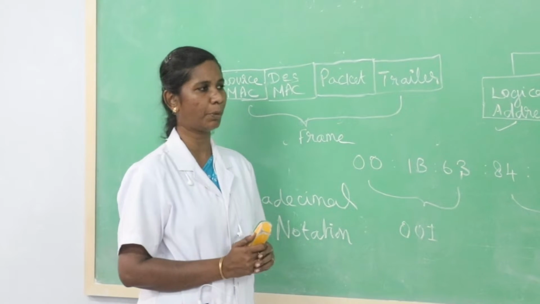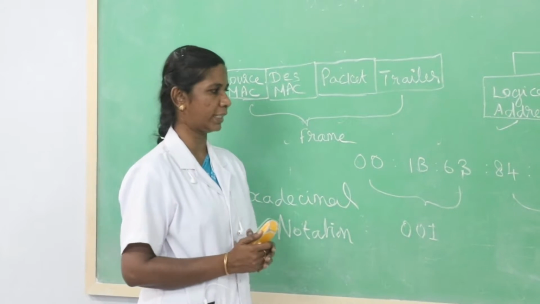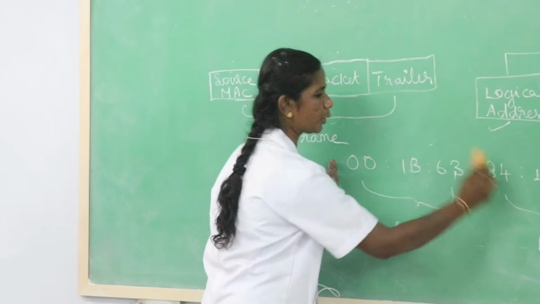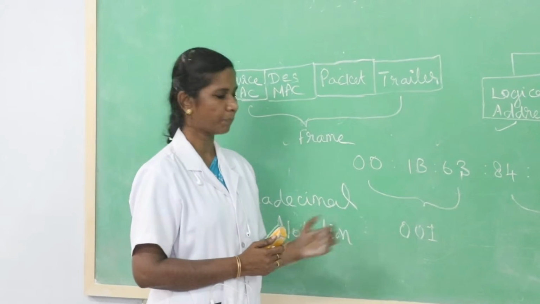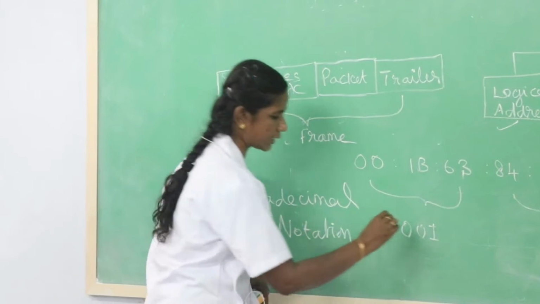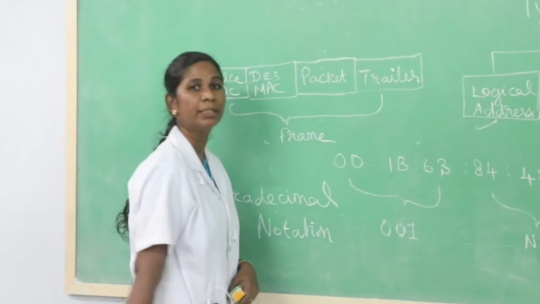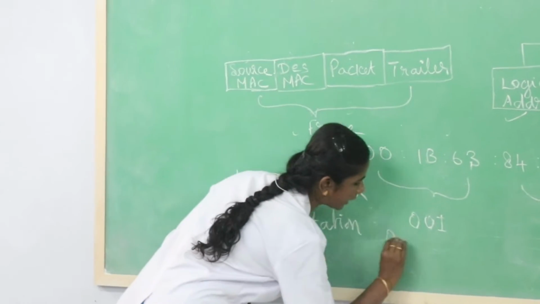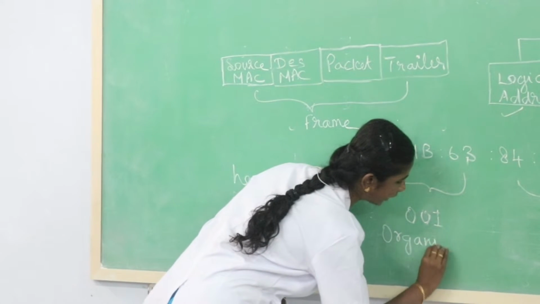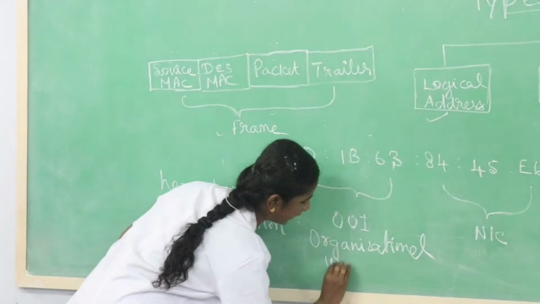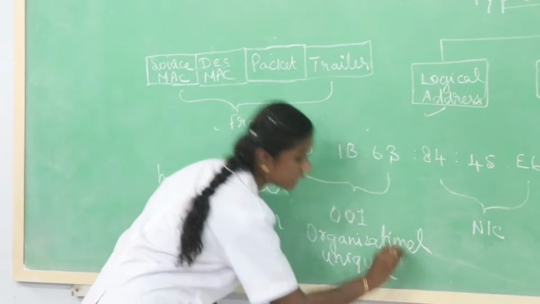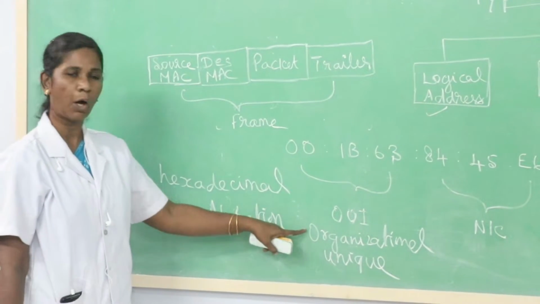That is so important. In order to understand that, we will divide it into 2 parts: the first 24 bits and the second 24 bits. The first 24 bits are called the OUI, that is nothing but the organizational unique identifier, which is decided by the particular organization.